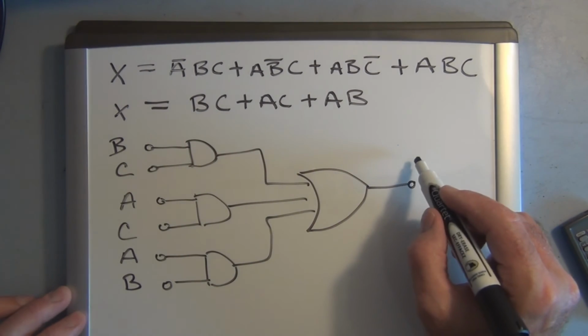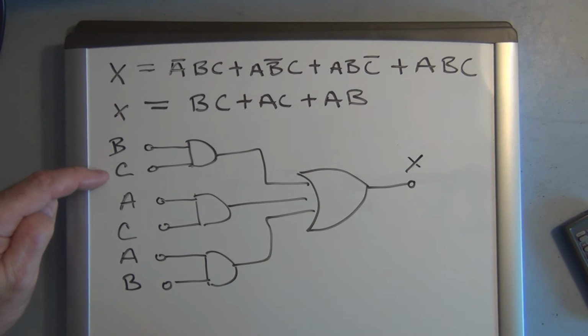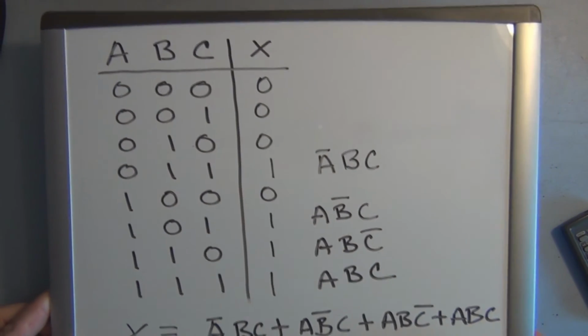And this will give us a value X that will be high when a majority of these inputs are high. You'll get a high output based on this truth table.